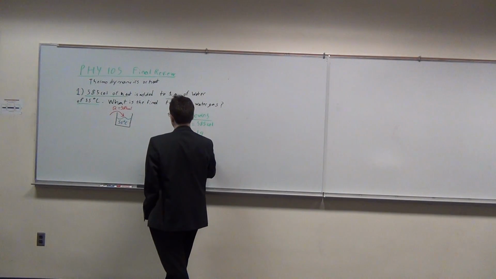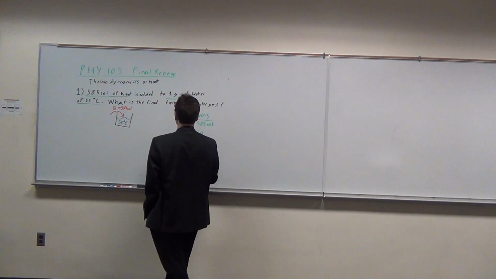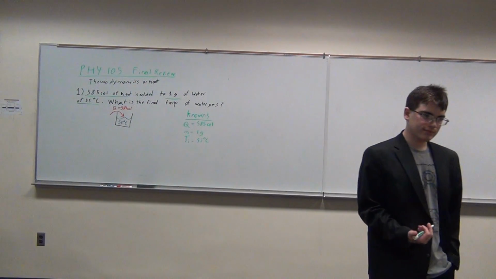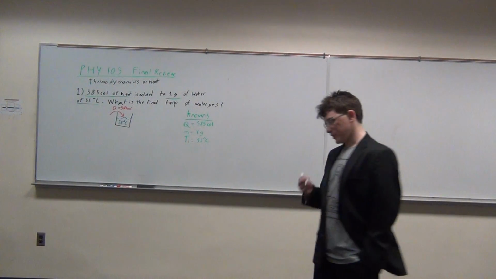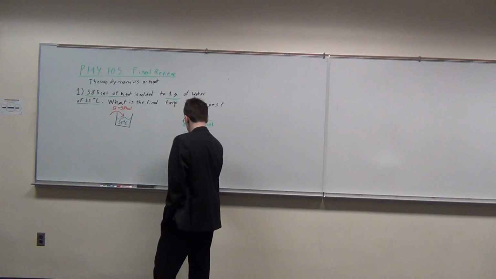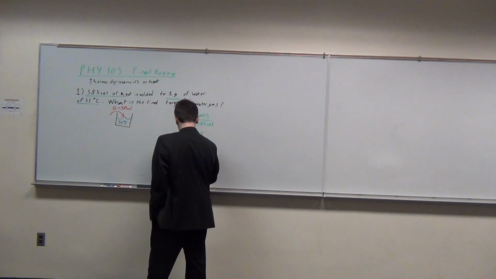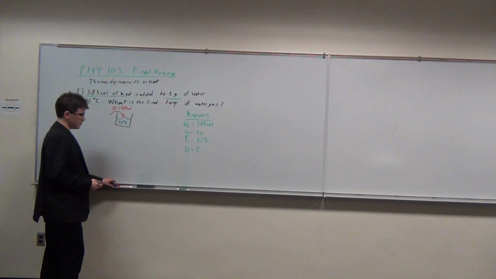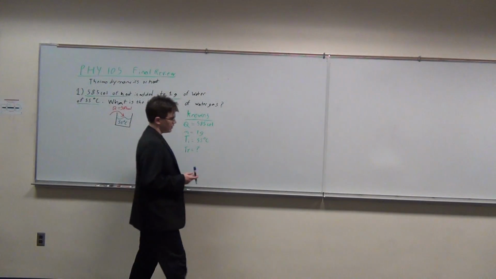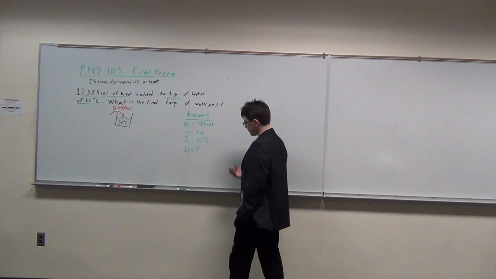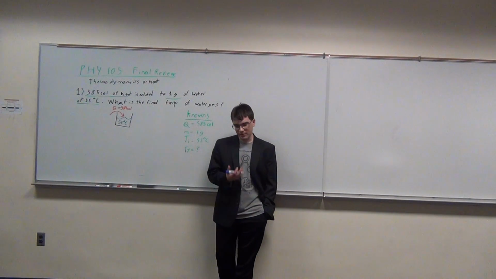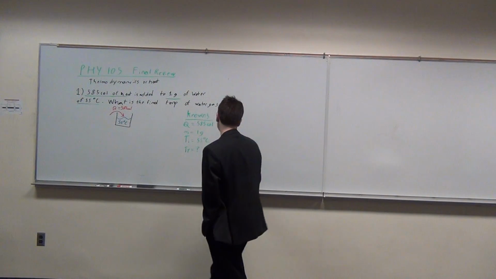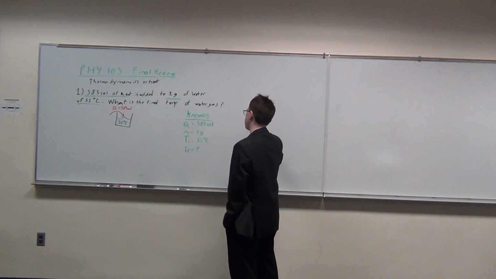Ti is 55. What are we looking for? T final. Okay. So there's several things that can happen here. We have our water. It can start at some temperature, 55.